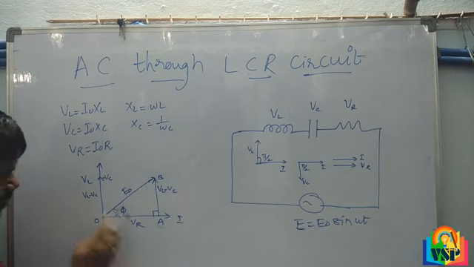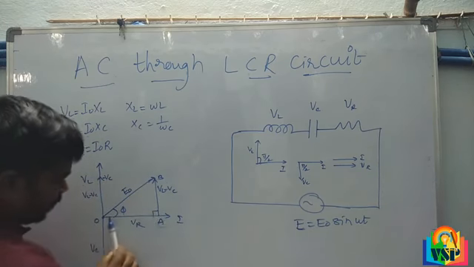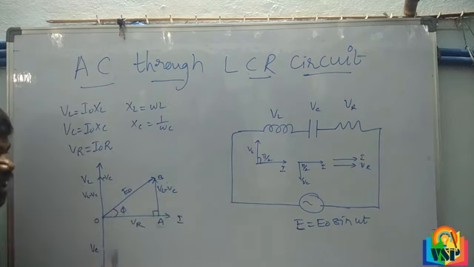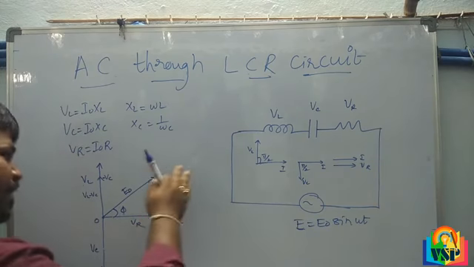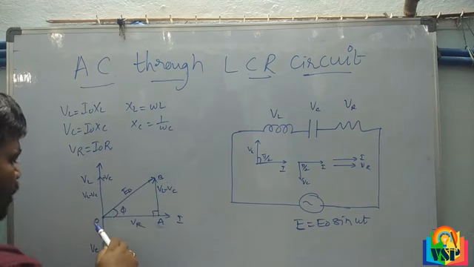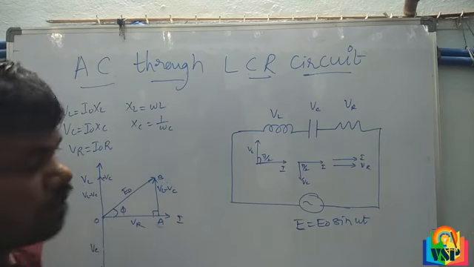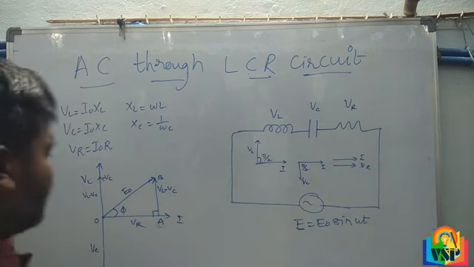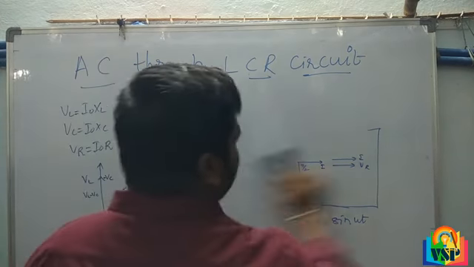VR vector is already there, so the VL minus VC vector is displaced to the right side. These two are the two sides of a right angle. By using the Pythagoras theorem, we get the magnitude of OB. Later we have to get the direction. Please remember, copy from the whiteboard.